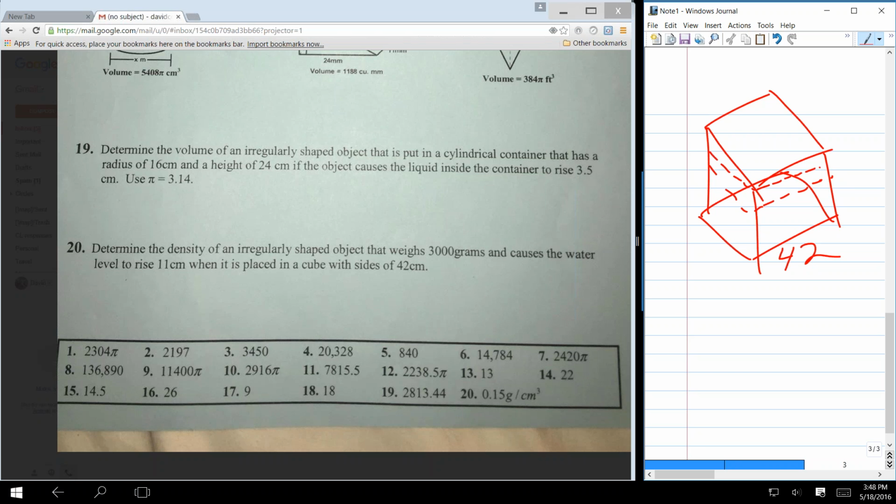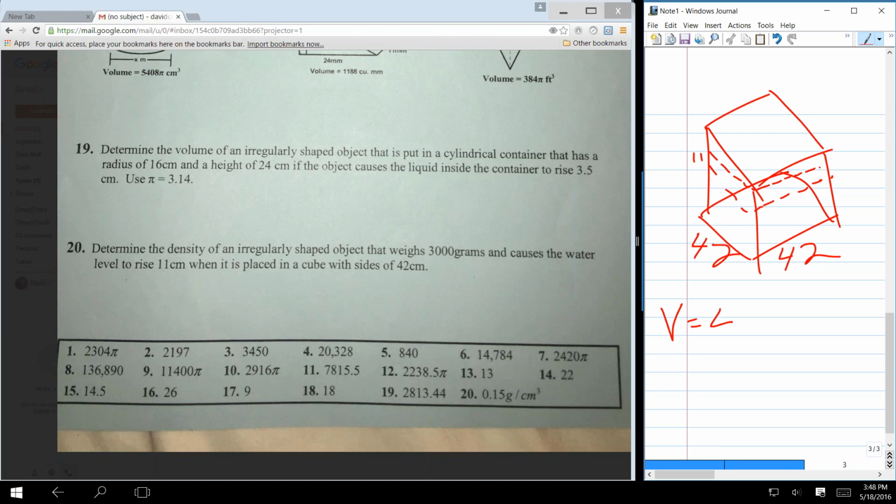What's the volume of that water level increase? 11 centimeters. What's the number? How much is the volume of the water that's not displaced? What's the volume of it? So would you do 42 times 42 times 11?